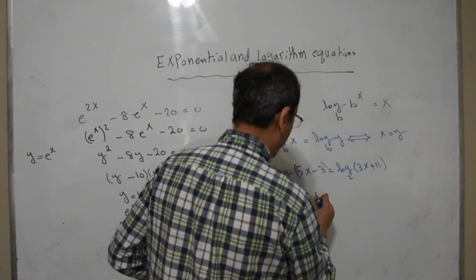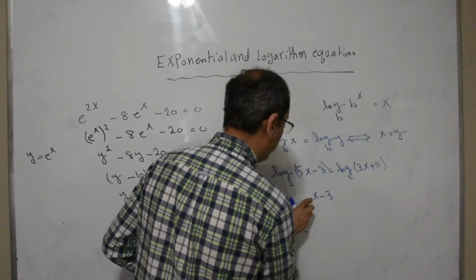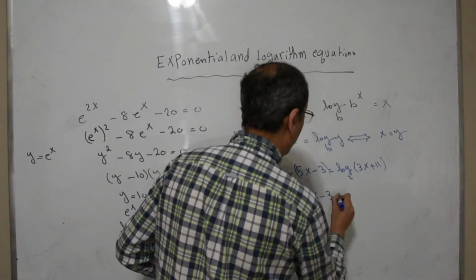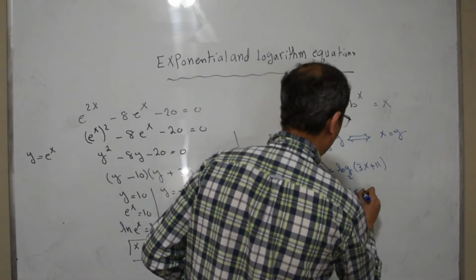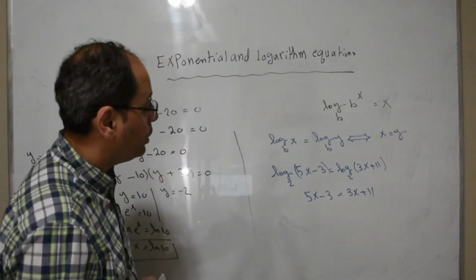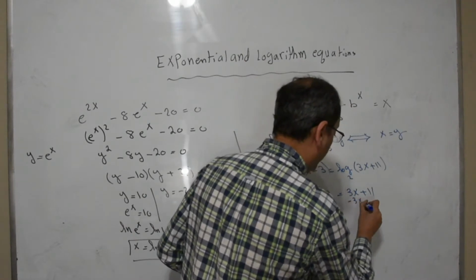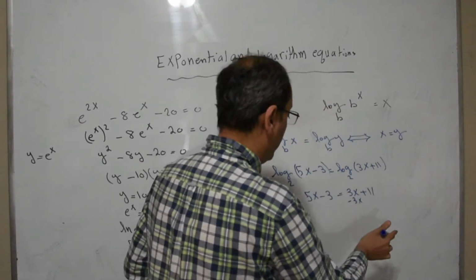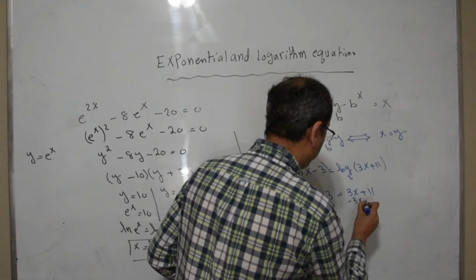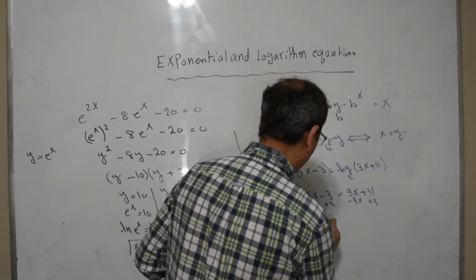so I have 5x minus 3 equals 3x plus 11. Straightforward linear equation, and I can solve that. I'm going to put x on one side and the constants on the other side.